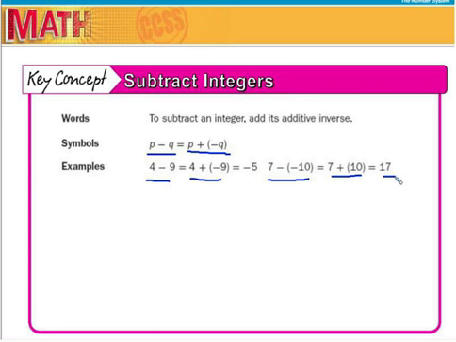Now in class, we learned a little shortcut of keep, change, change. So if I bring down both of these examples, so let's start with the 4 minus 9.